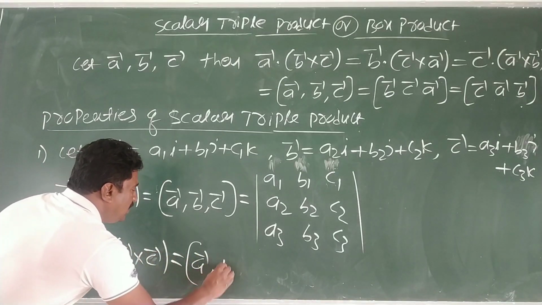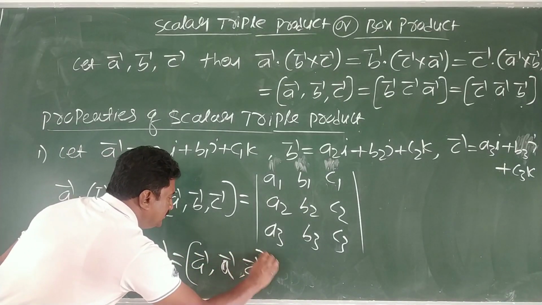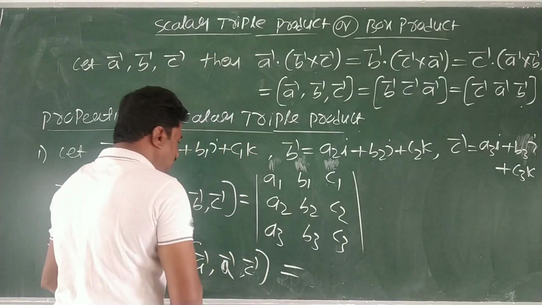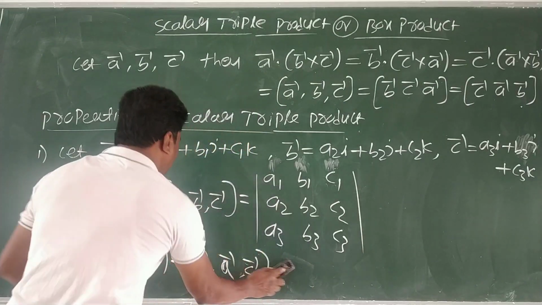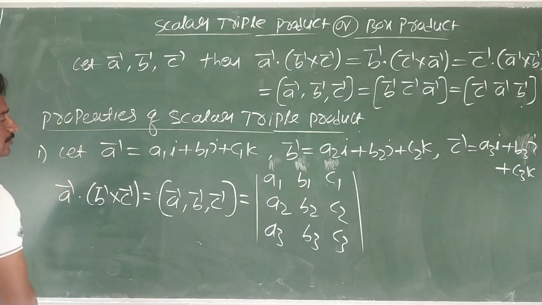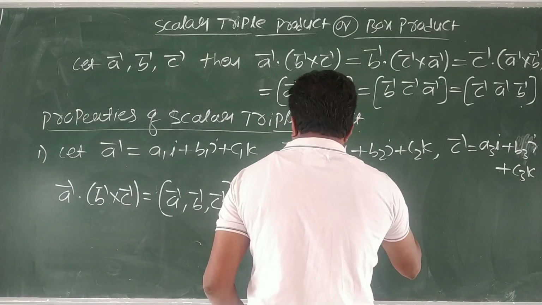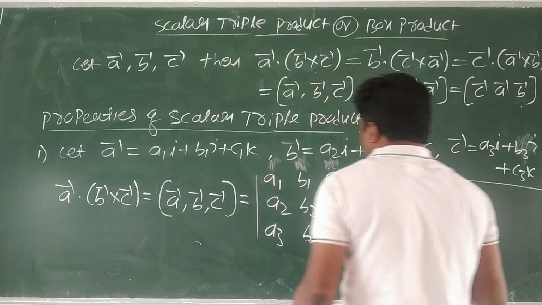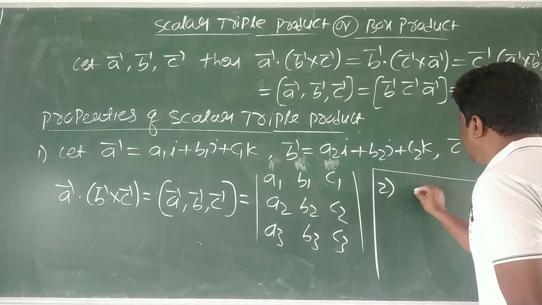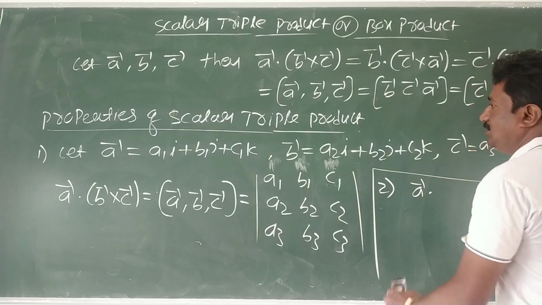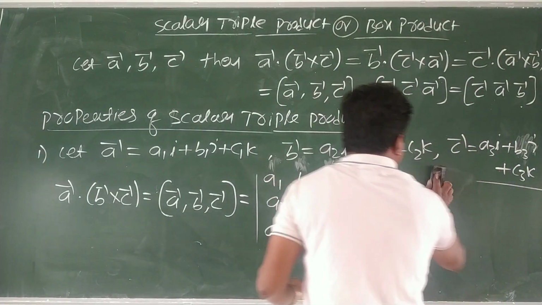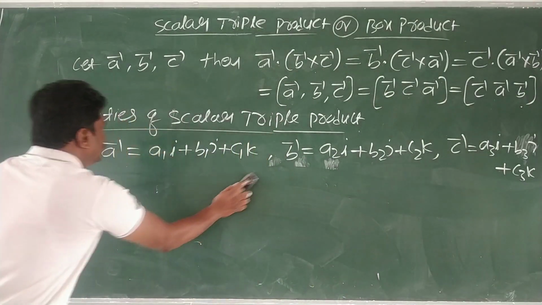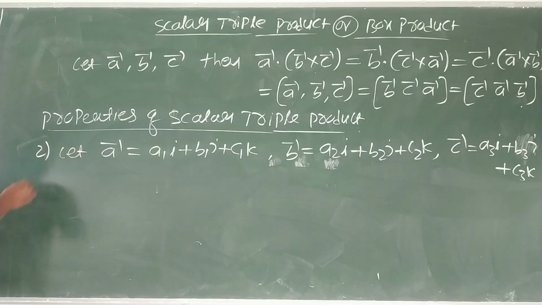A, next C, right? So no space. A, C. So let us go for property number 2.